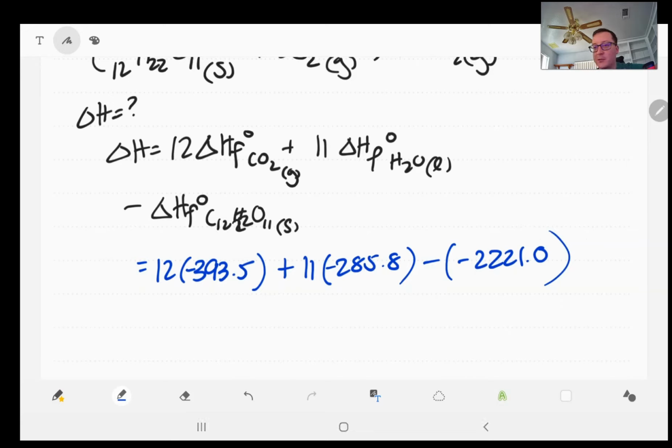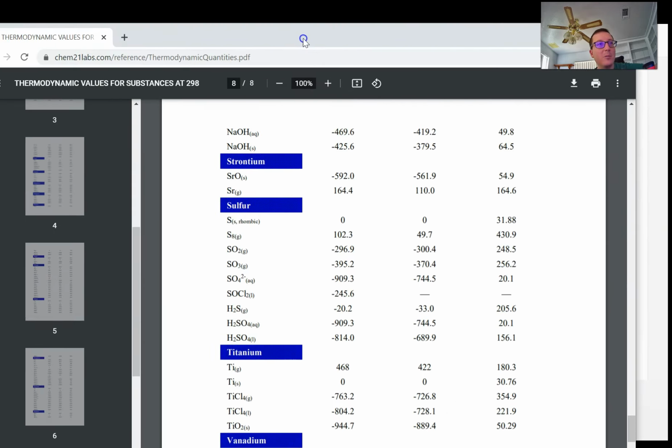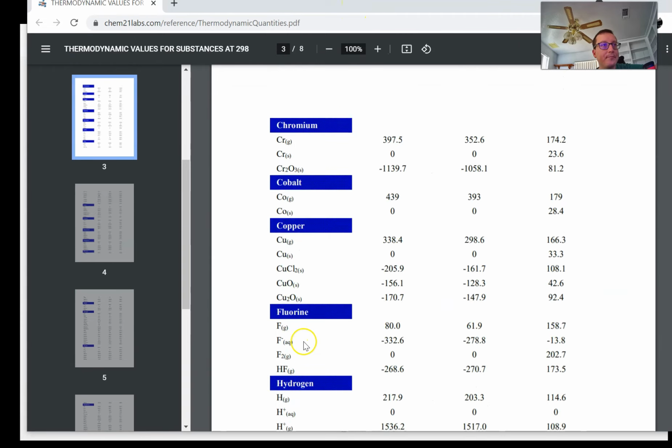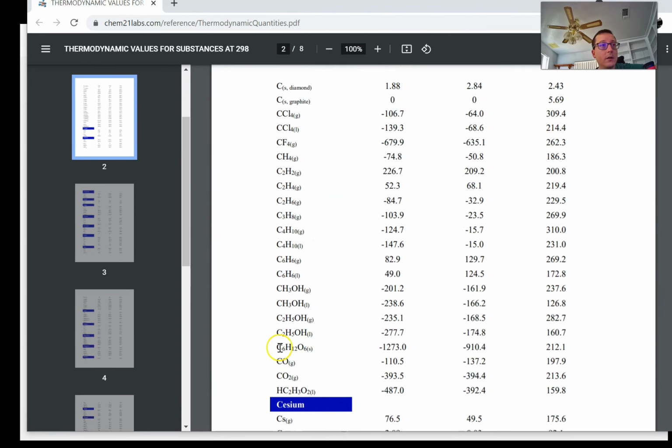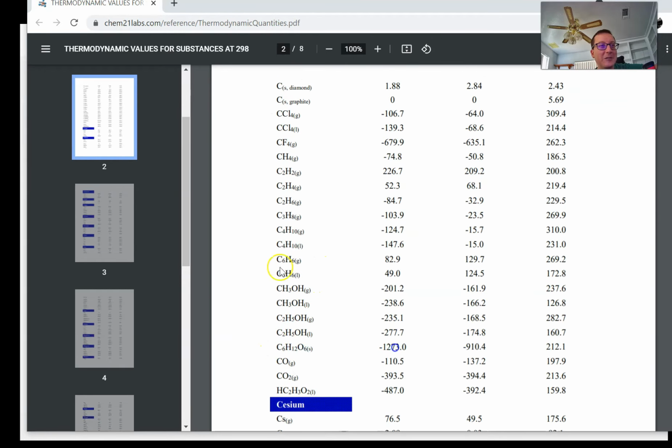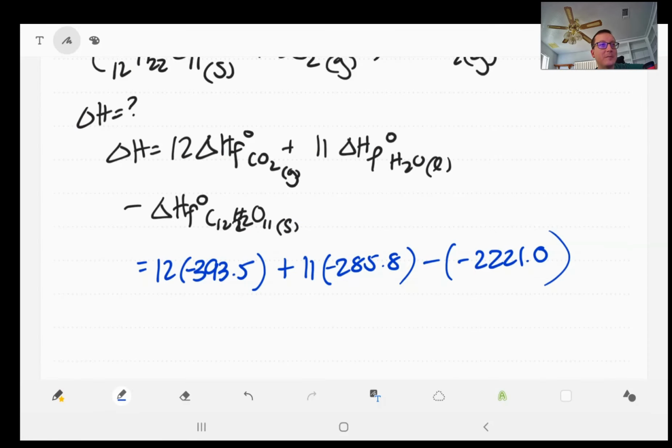If we need to look up sucrose, we would go to our chart. I mean, I had the number in the book, but I'll show you all on the chart. We got to go up to carbon. Apparently this chart doesn't even have sucrose, but the book does, so we'll just use that. It is glucose though, but not sucrose. All right.